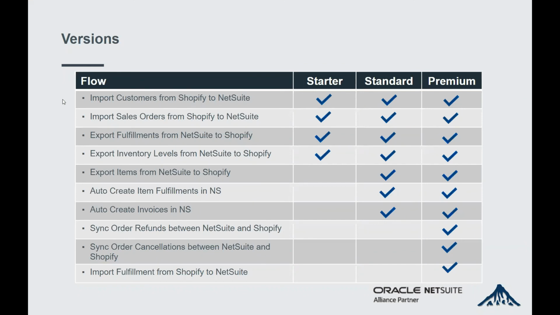Next, we will see the item and inventory migration from NetSuite to Shopify. The inventory migration is part of the starter version, and the items and product is for standard and premium. The item also includes matrix items and variants, as well as kit items.